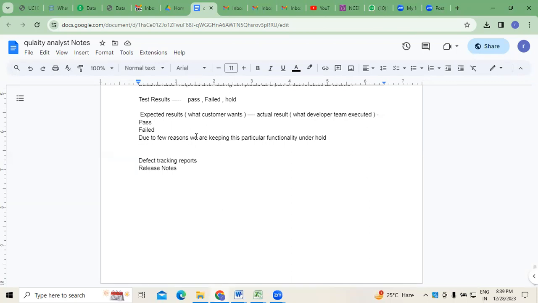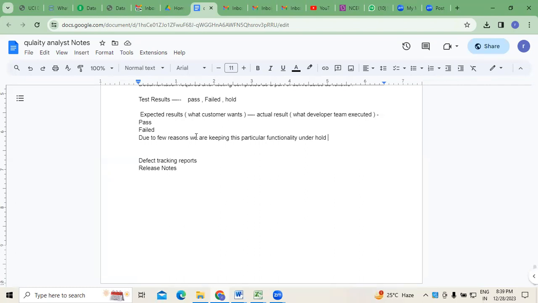Even though the functionality was right, due to the changes made in between, it is automatically considered failed. If we require any additional information to proceed further, normally we keep this on hold for any reason.